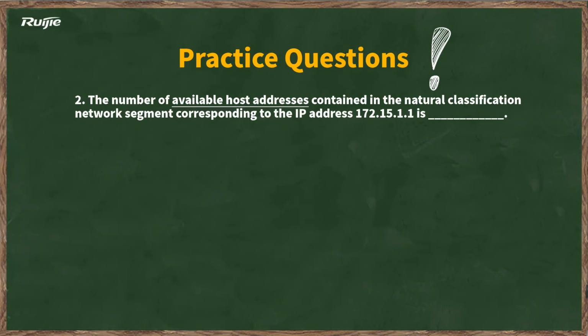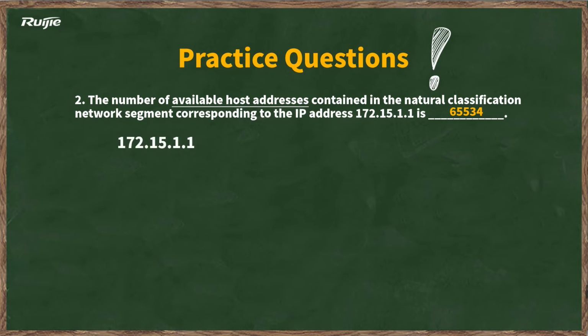For the second question, if we have the address 172.15.1.1, we have to calculate how many available host addresses we can use in its natural classification. Of course, the same process: we find the network ID part and the host part. The answer is 65534. How to get the result?